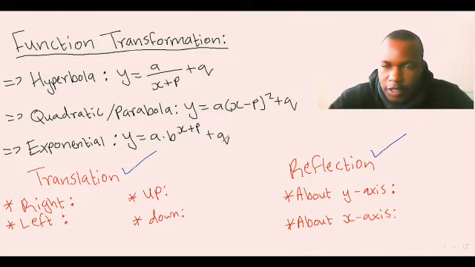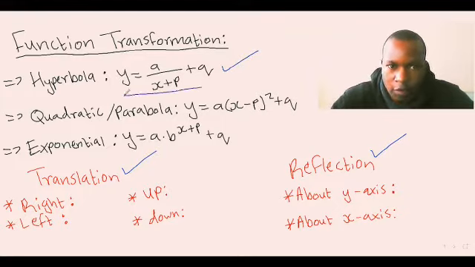The functions that I would like us to look at would be the hyperbola, so that would be the hyperbola general form over there. I would also like us to look at the quadratic, or the parabola, with its own general form over there.